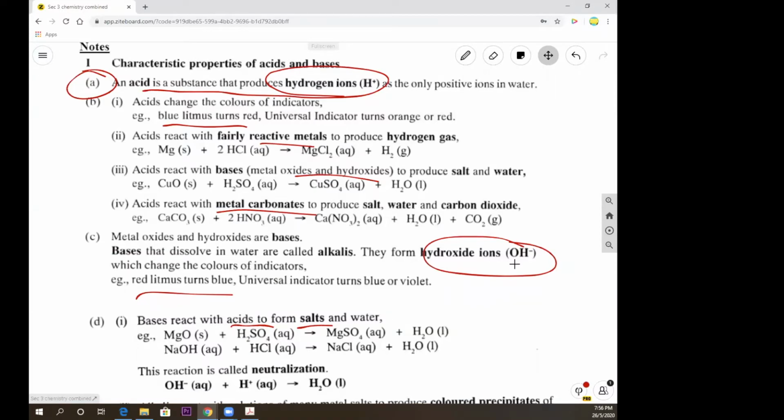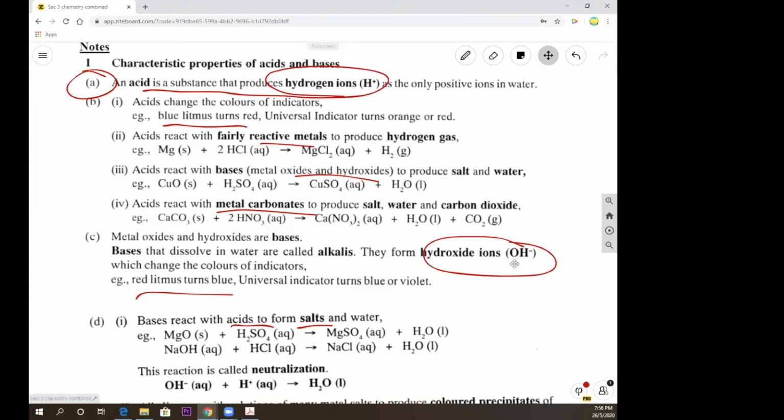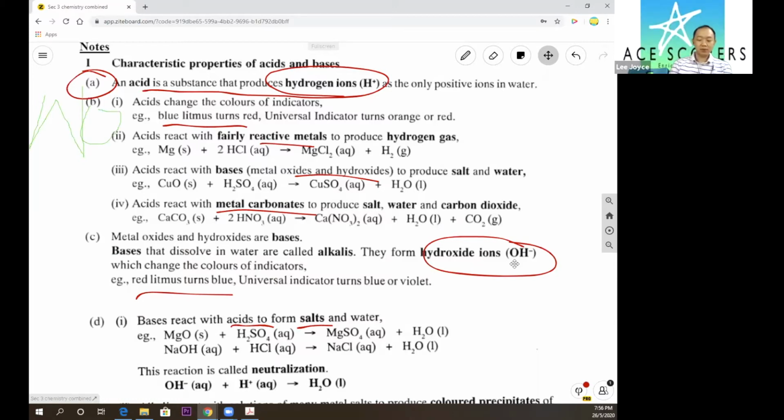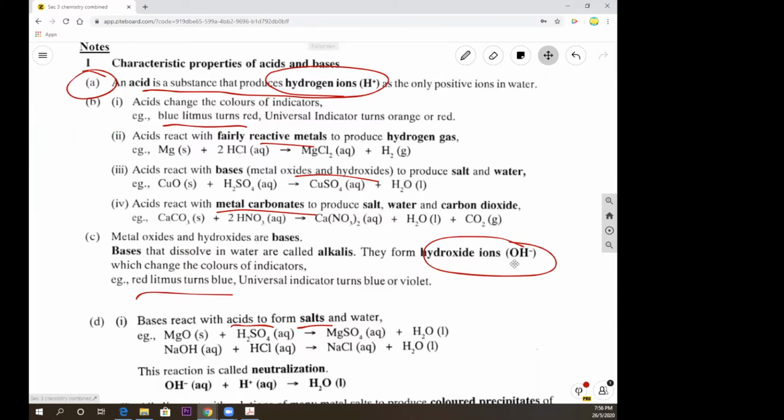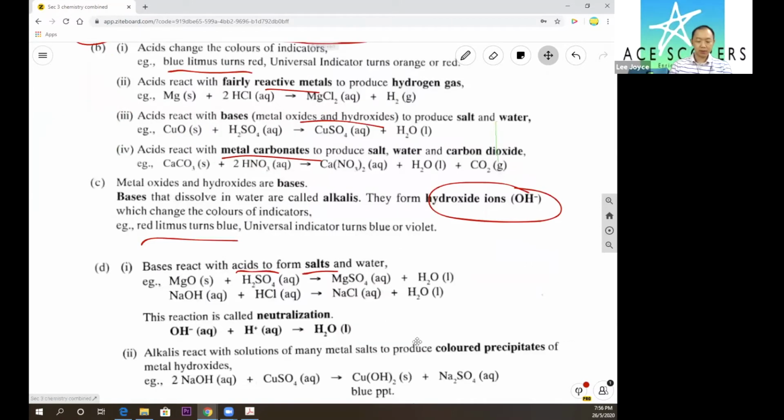Give you salt and water. And then the last one, Yuki, what's the last one? Acid plus carbonate, yes. Give you salt, water, and carbon dioxide. Simple, right? So there are two reactions for alkali.